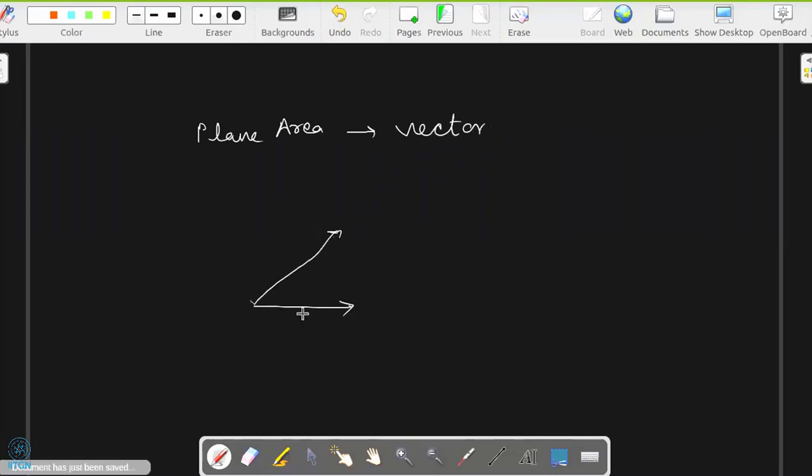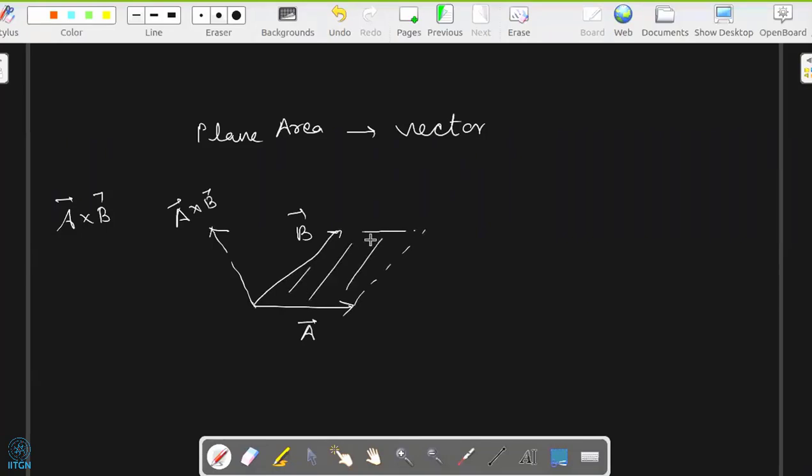Let's consider vector A and vector B. When you make A cross B, you get a vector perpendicular to the plane formed by vector A and vector B. So for any plane, we can determine the normal direction by using this if there are two vectors.